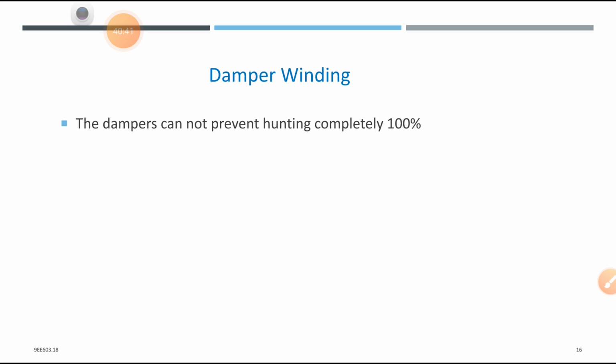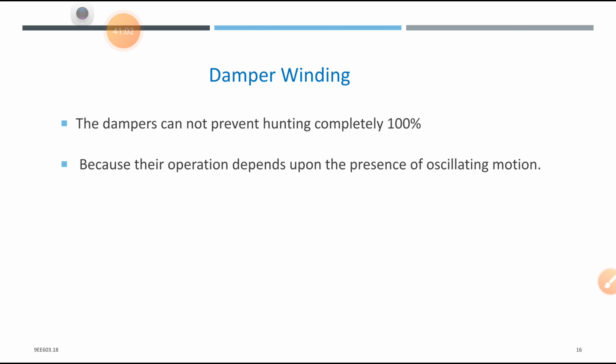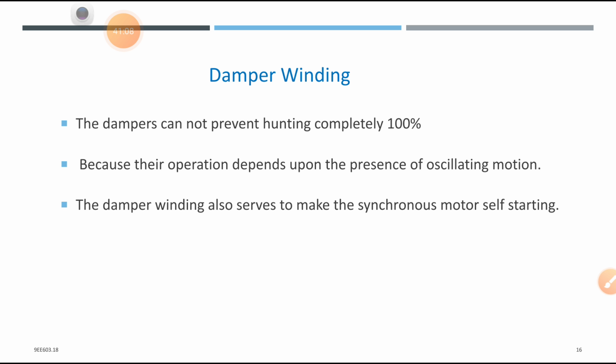The dampers cannot prevent hunting completely, 100%, because eddy currents are generated only when there are oscillations. To produce eddy currents we require oscillations, so we cannot depend on it 100% because their operation depends upon the presence of oscillating motions.